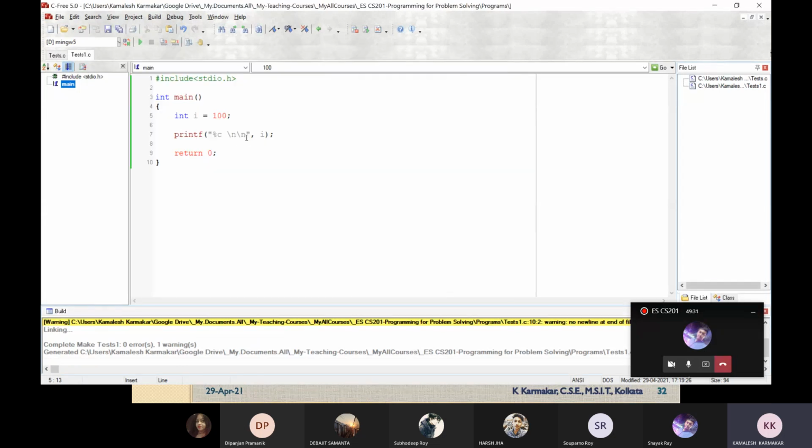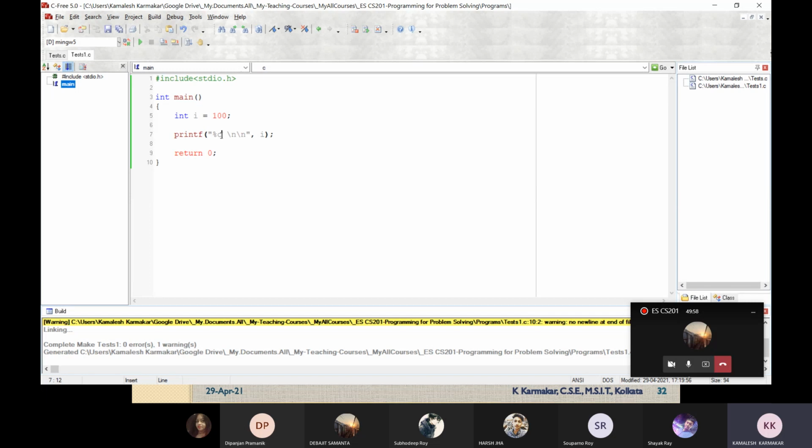Okay. Sir, can you describe it? Yeah. So what is the value of i? i is 100. If I use %d, it is being treated as an integer. If I use %c, it is being treated as a character.